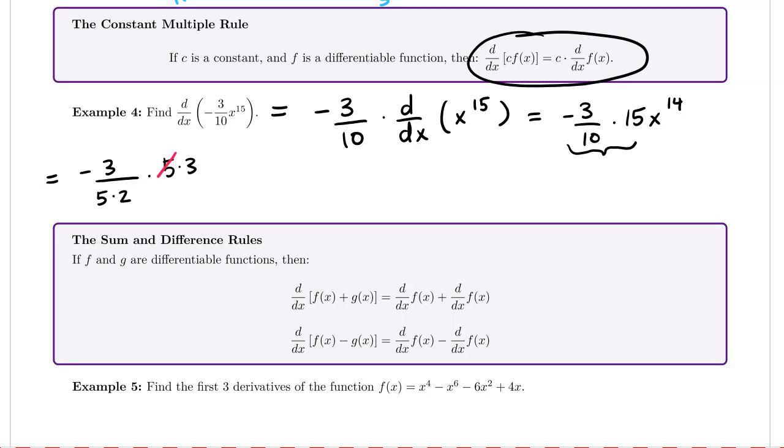And then these 5s will divide out. That leaves me with negative 3 times 3, which is 9, or negative 9 over 2, x to the 14th power. And so here is our derivative.